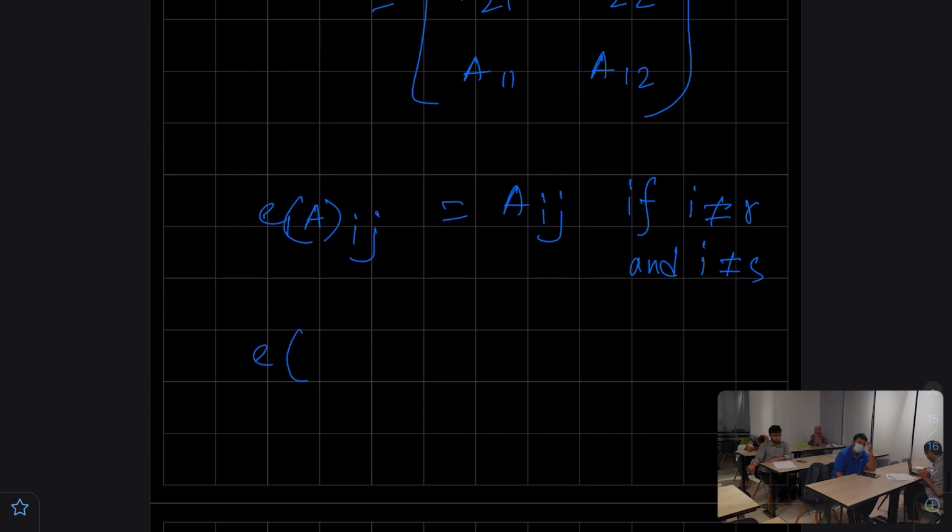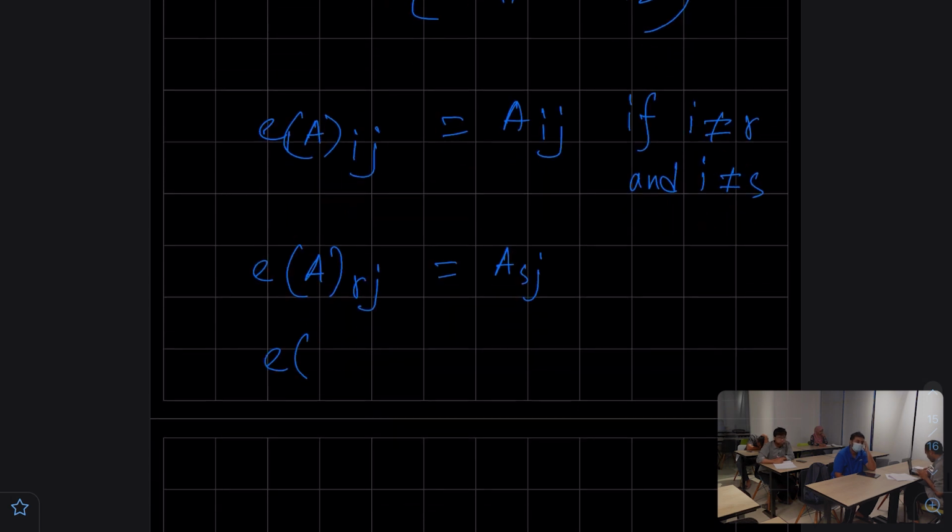Then E of A rj is equal to A sj and E of A sj is equal to A rj. Right? So this was the third elementary row operation.